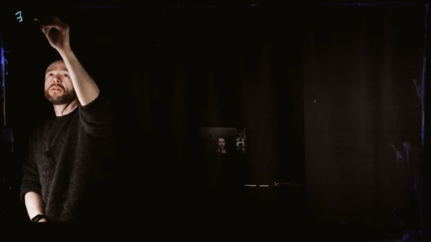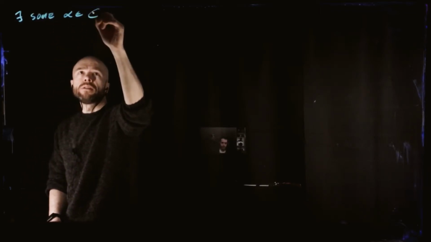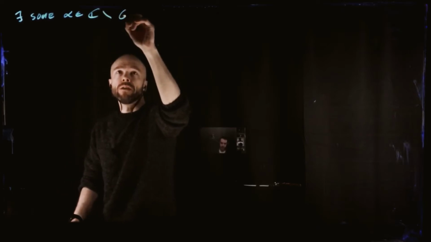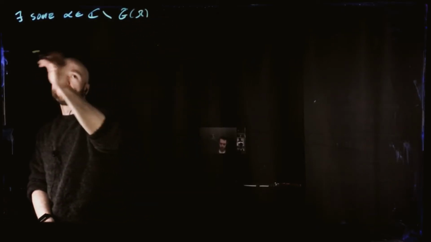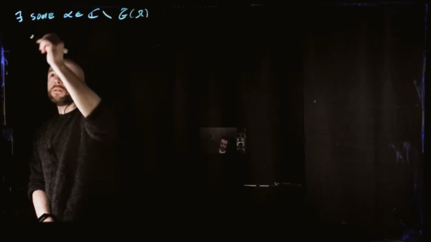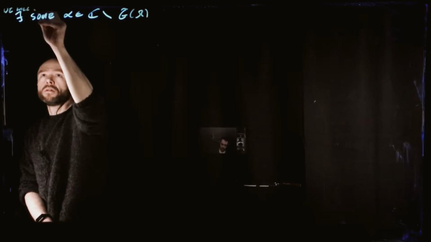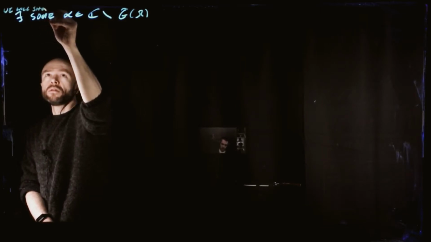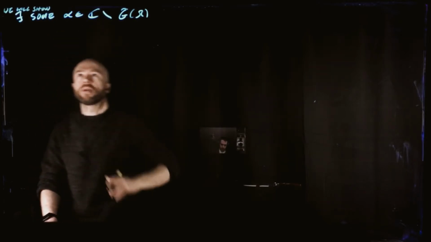So there exists some alpha belonging to the complex plane, take away G tilde of omega. So we will show. And then later we'll show that we can actually put a disk around it.